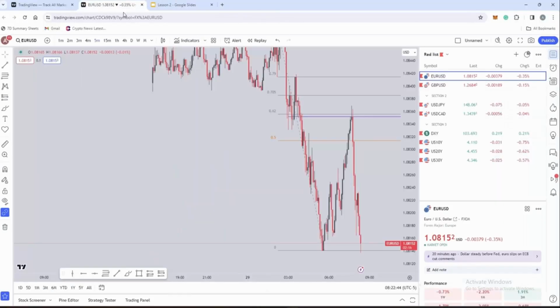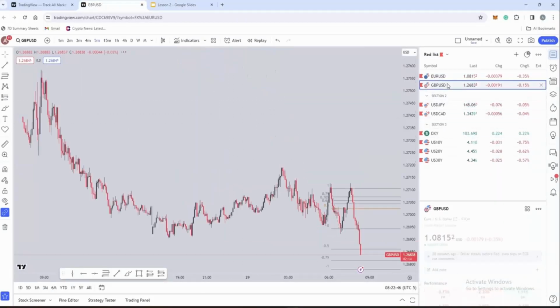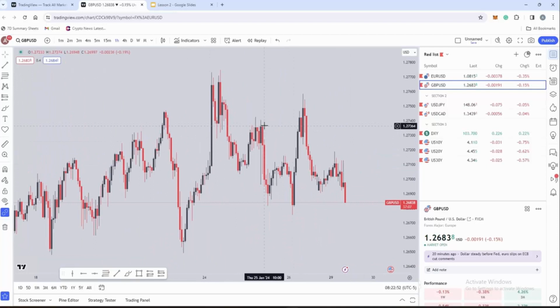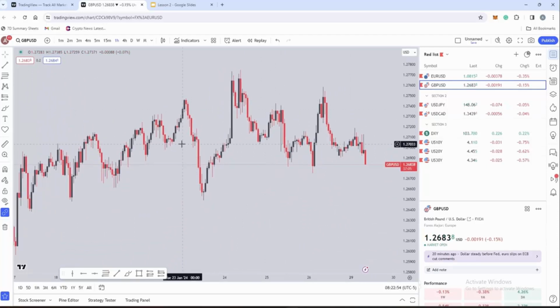So let me show you in the charts. Right now we're at the 1 hour, and you can see here is equal lows and here is equal lows. So I would say this is a point of sell side liquidity.